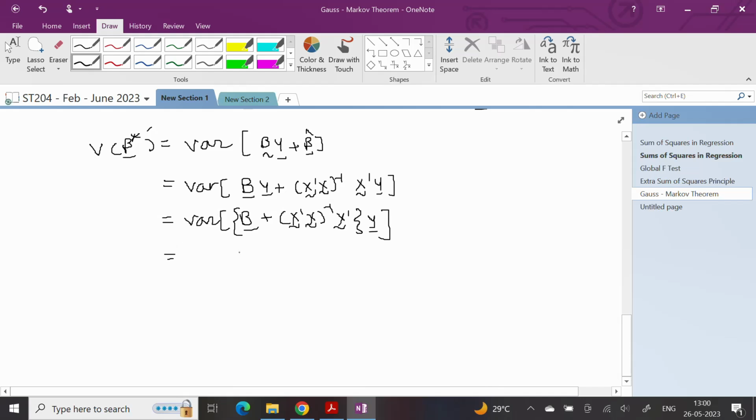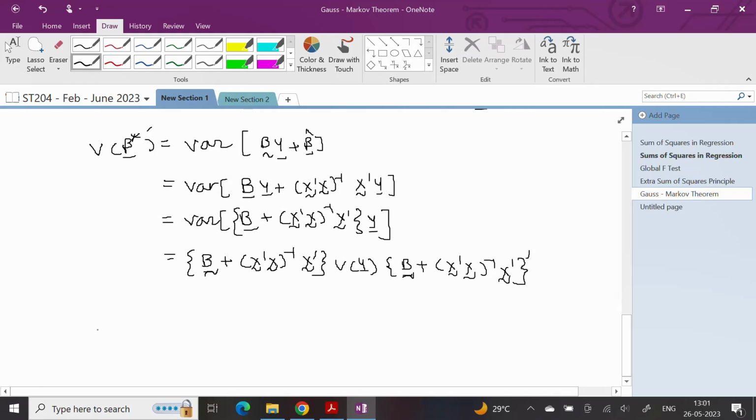The other thing is constant, so we know that this becomes of the type variance of some matrix times y. So I will have the matrix, that is b plus x prime x inverse x prime, into variance of y, into prime of that matrix, that is b plus, b is a matrix, okay, b plus x prime x inverse x prime.